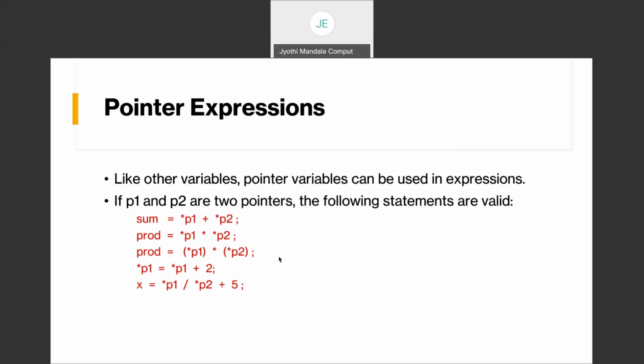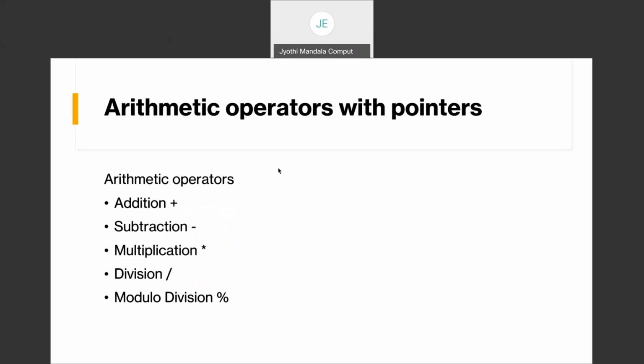Now, to make you understand how we can write expressions with pointers: whenever you want to use pointers in your expressions, we can have arithmetic expressions only. What do you mean by arithmetic expressions? In an arithmetic expression we use arithmetic operators only.